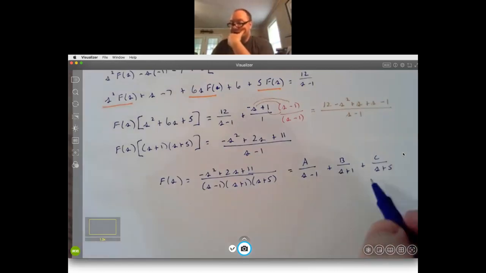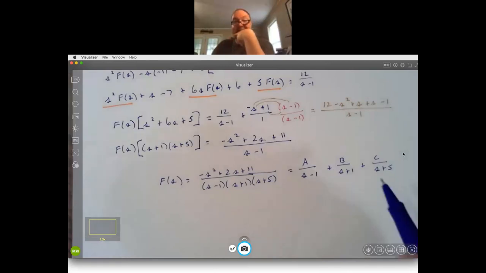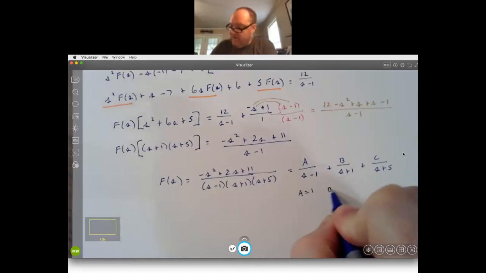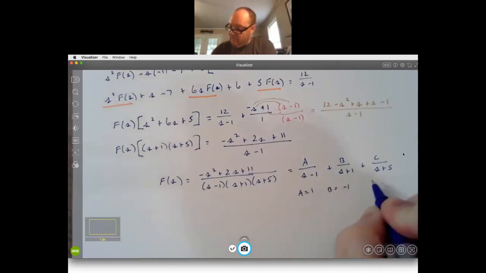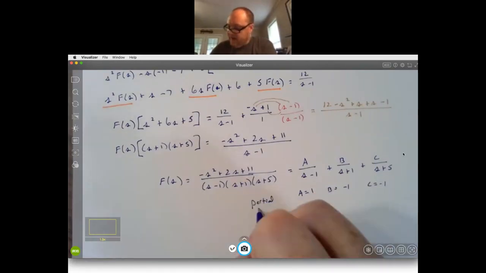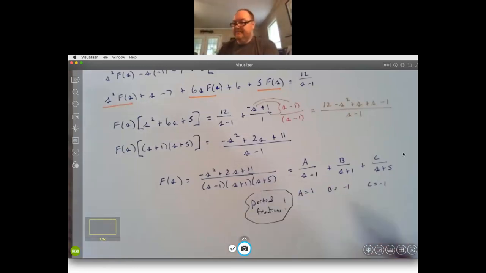I would choose s to be positive 1, s to be negative 1, s to be negative 5 when you have that new equation to solve. But let's just pretend that we've solved it because I've worked this one out. And I got that a was 1, b is negative 1, and c is negative 1. So partial fractions, exclamation point. You can go through that.